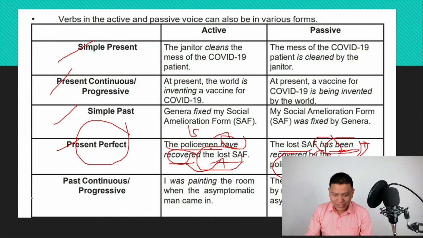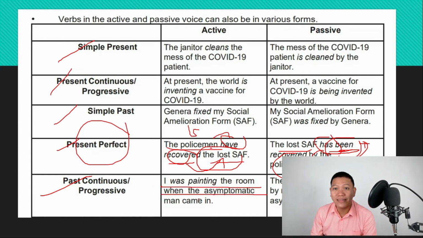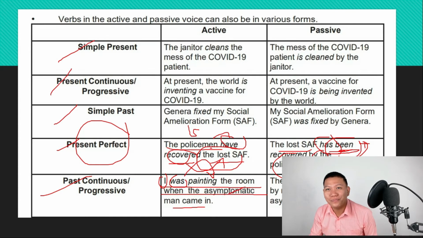Okay? Next, for the continuous progressive. Past continuous progressive. I was painting the room when the asymptomatic man came in. So I is the subject. Okay, simple past. Was plus continuous form. Painting what? The room.